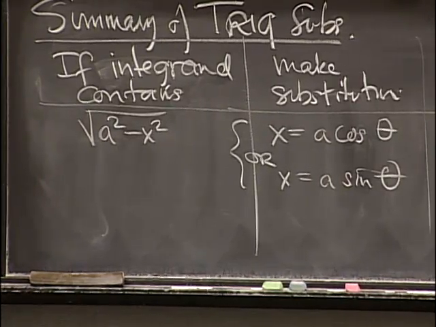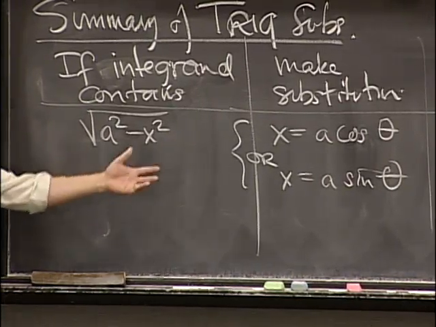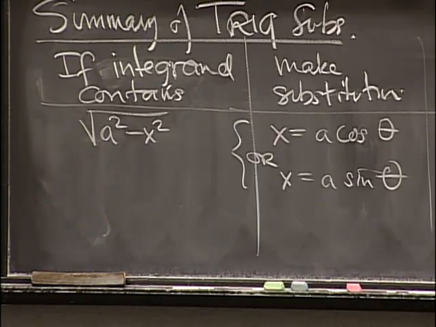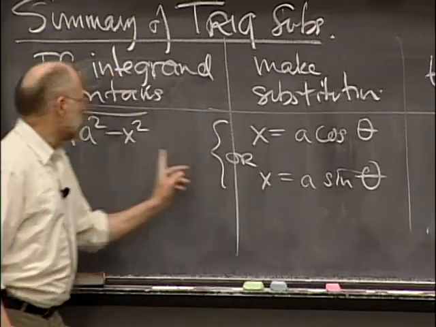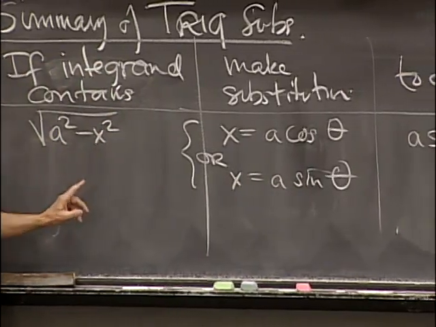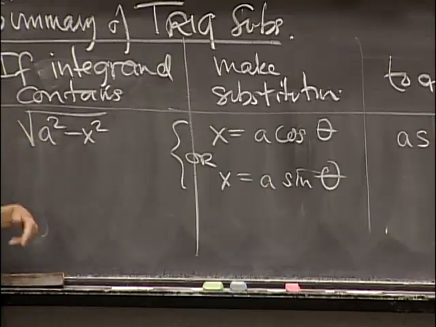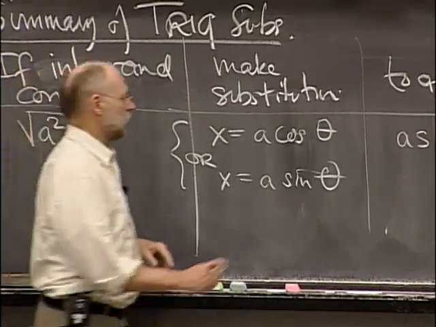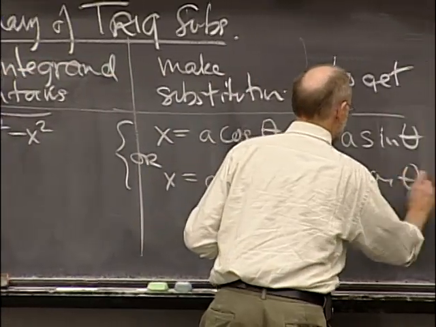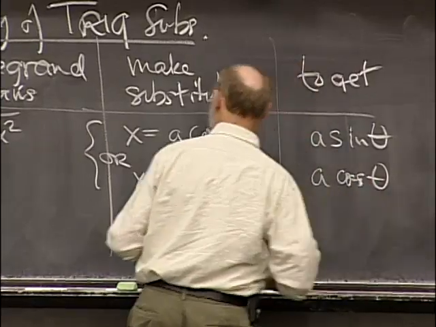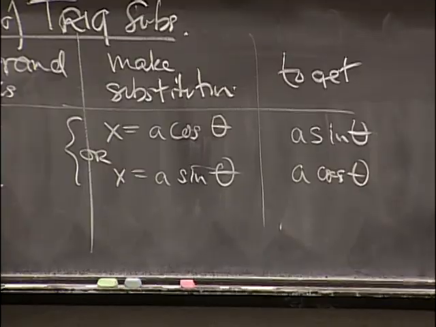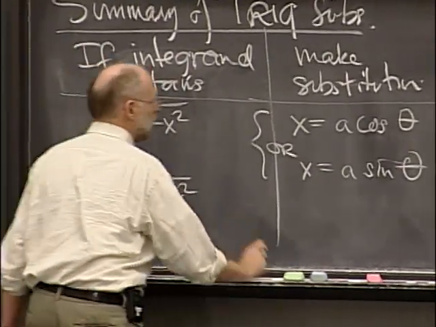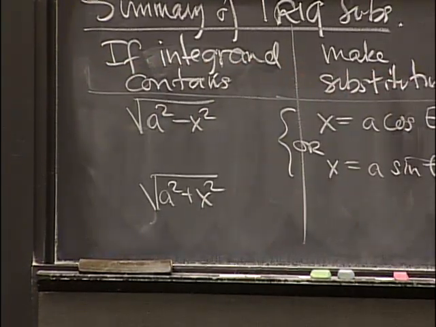And then you go on. Then you've gotten rid of the square root, and you've got a trigonometric integral that you have to try to do. If you made the substitution a sine theta, you'd get a squared minus a squared sine squared, which is a times cosine theta. And then you can go ahead as well. We just saw another example, namely if you have a squared plus x squared, that's like the example we had up here.